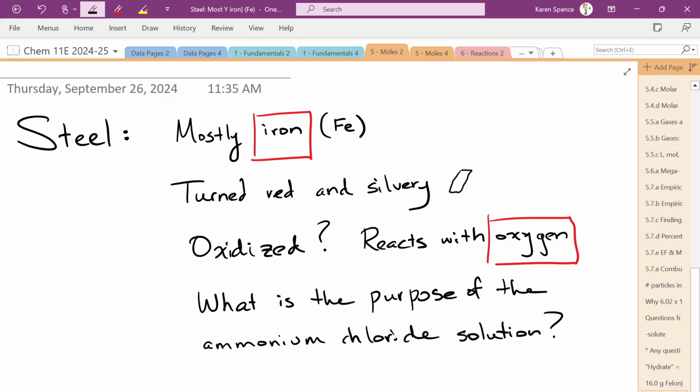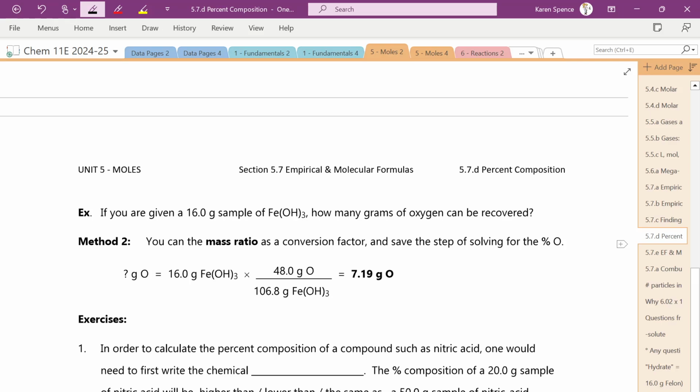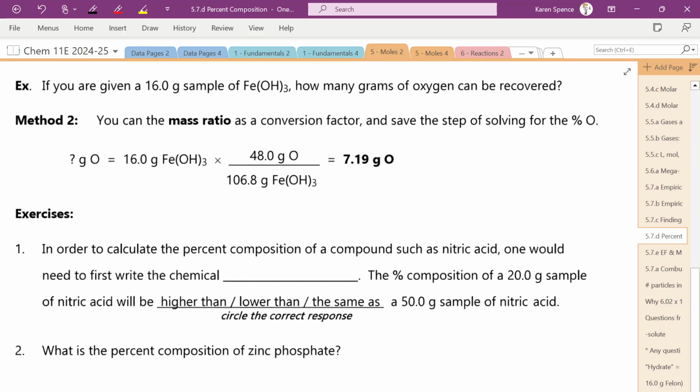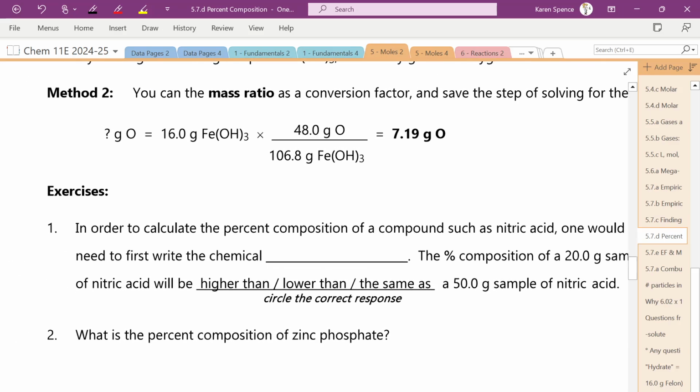But anyway, for homework, now, if you didn't do yesterday's homework because I did not successfully post it, you can do some of that, okay, enough to feel good about it. And you can try, now percent composition, number 1 for sure, because it just kind of gets you thinking about what it is.